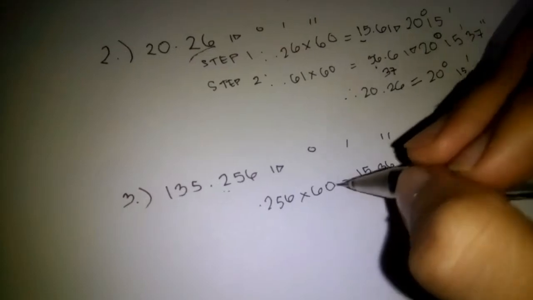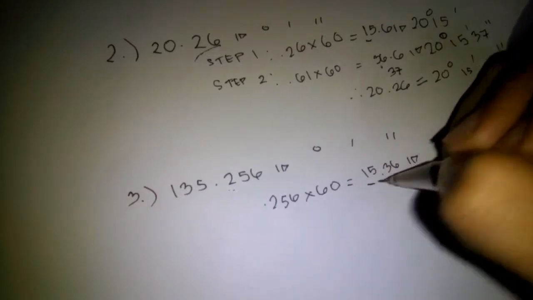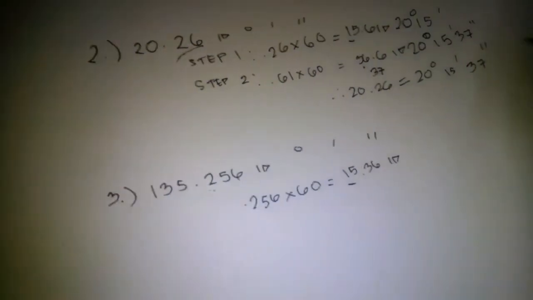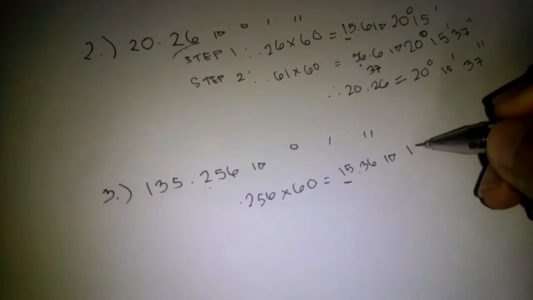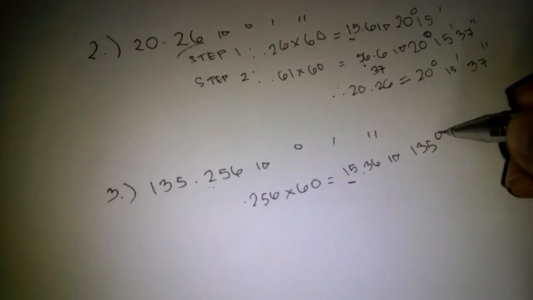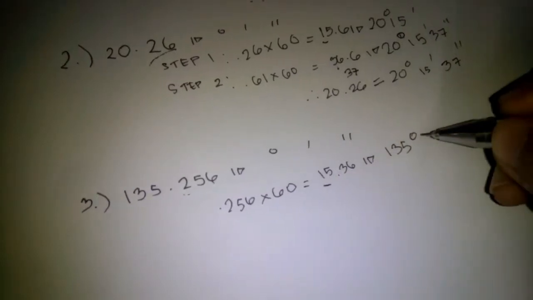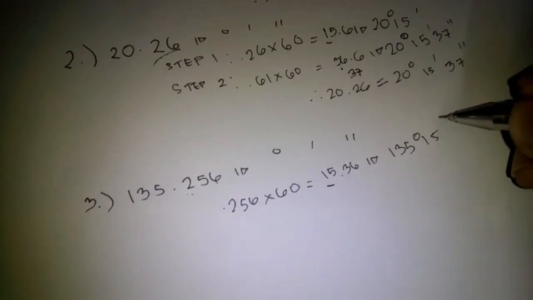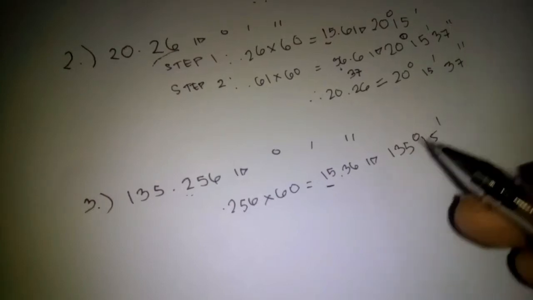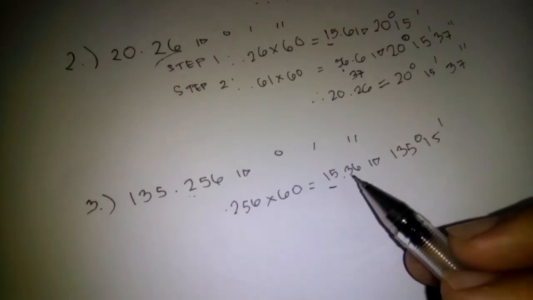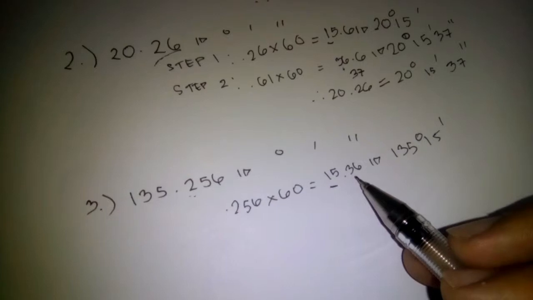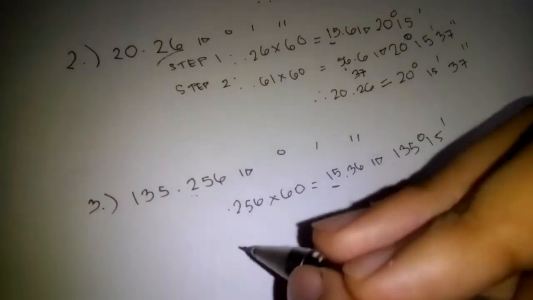So now we only copy the whole number here, 135 degrees and 15 minutes. So we need to copy 36 hundredths to attain seconds.